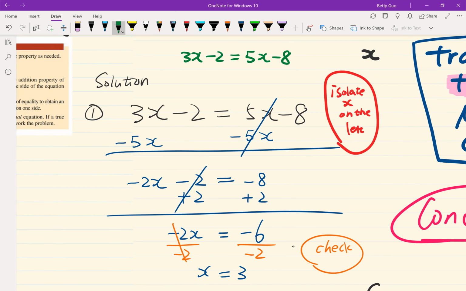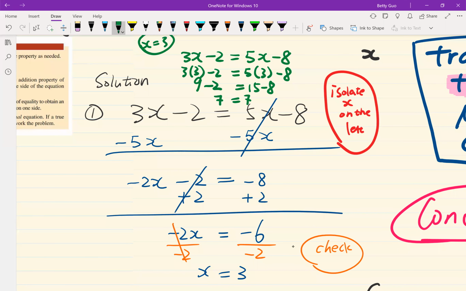If we plug in x equals 3, so 3 times 3, 5 times 3. 3 times 3, tell me what is it? 9, right? Not 6. 3 times 3 is 9. What is 5 times 3? What is 9 minus 2? What is 15 minus 8?